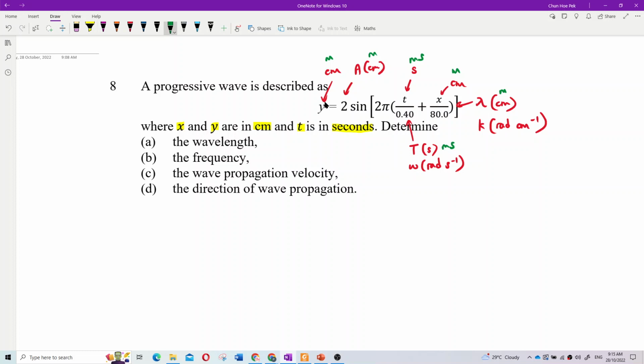So be careful with all the units. Right now, displacement is in centimeter, so the amplitude is in centimeter; x is in centimeter, so the wavelength is in centimeter; time is in second, so the period is in second. Understand, class?